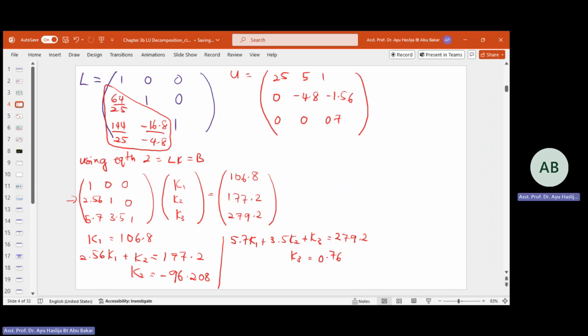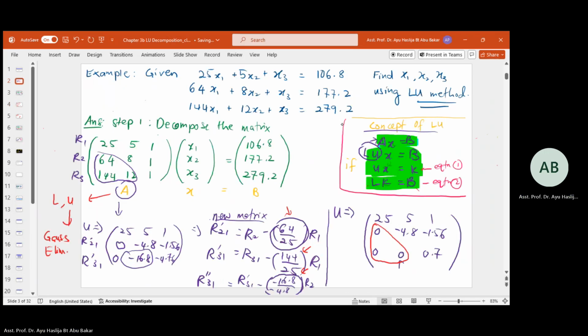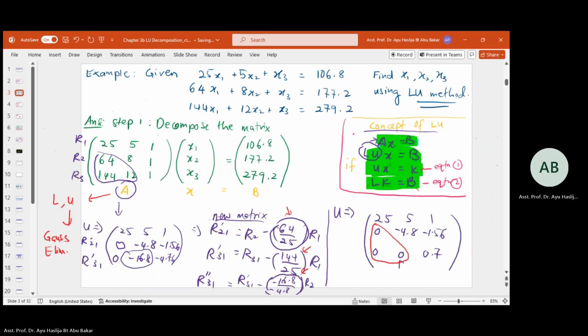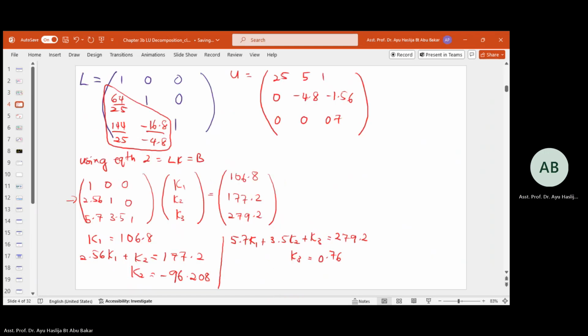So from there, using the equation earlier, this concept of LU: LK equals B. This is the one that we need to use first because L is known, B is known.